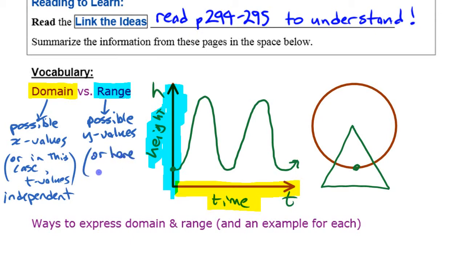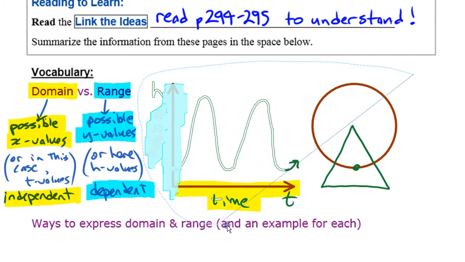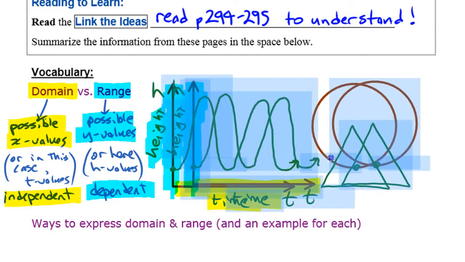Or here it's h values, or in other words, the dependent variable. Okay? So range: possible y values, or whatever the dependent variable is. Domain: possible x values, whatever the independent variable is. Maybe we'll move this over, it's too crowded there.